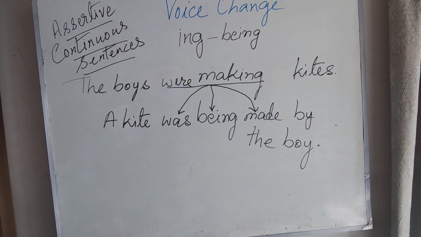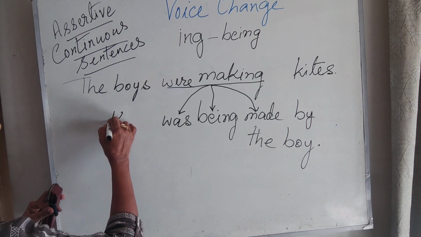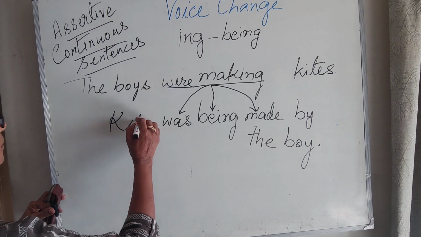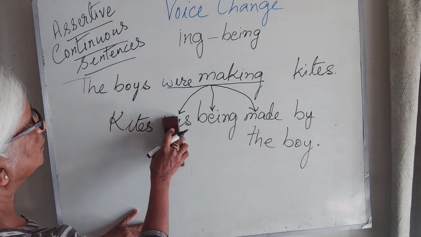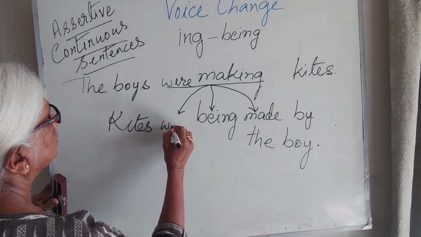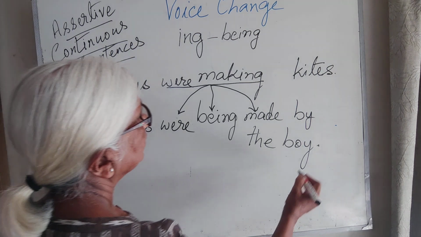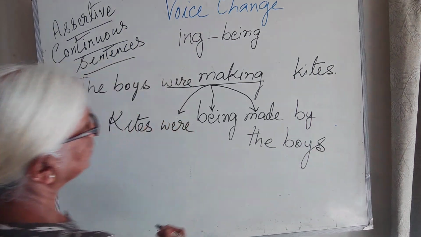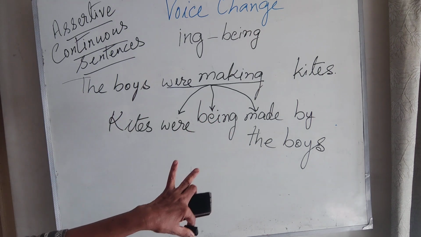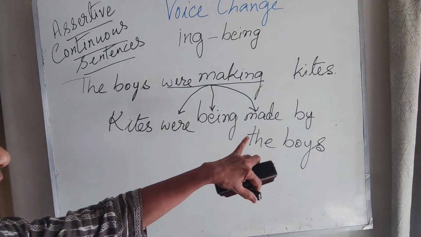Right? Now obviously again here it changes to kites. Now since this is plural, was changes to were. Kites were being made by the boys. Again the same thing. Plural, plural. Here also plural, plural. So the boys were making kites. Kites were being made by the boys.